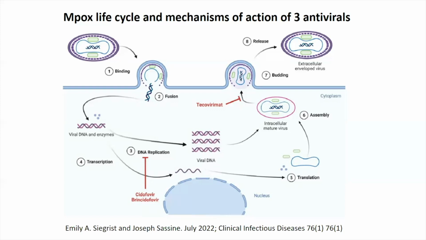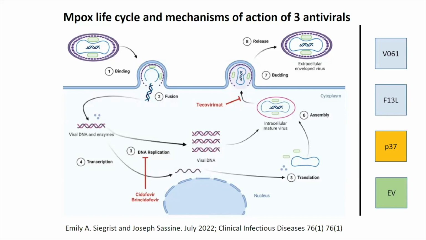And the medication that I'm interested in very much is tecovirimat here. Tecovirimat inhibits a protein called P37. This is the protein that is responsible for forming the extracellular enveloped virus. Without it, the virus will stay trapped in the cell without leaving it at all.